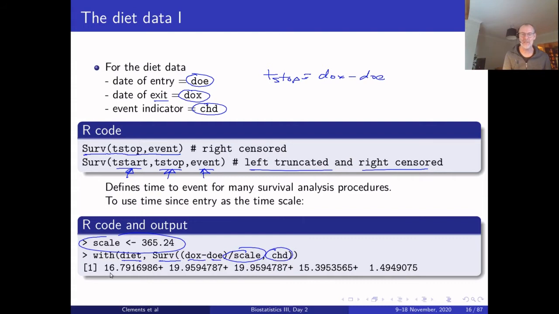The first individual was followed for almost 16.8 years, and they were censored. The next individual was followed for almost 20 years, and they were also censored. And the fifth individual was followed for almost 1.5 years, and they are an event.